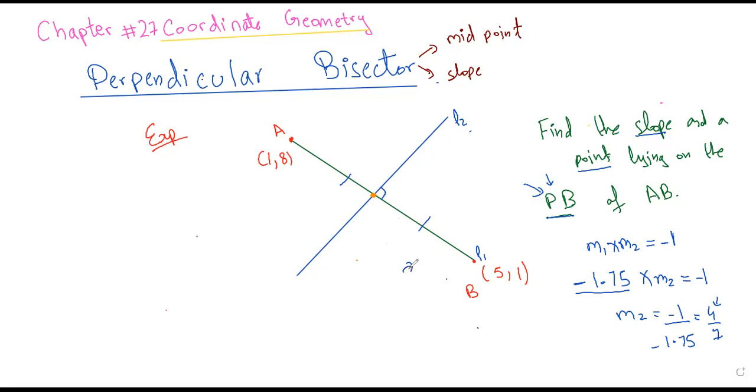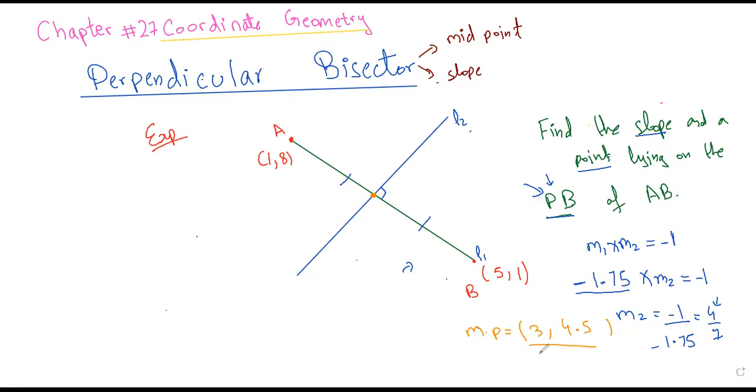So you need to find the midpoint. The midpoint of AB would be 3, 4.5. So these are the two answers which I wanted from you guys. Some part of the answer was correct, but not all of it.